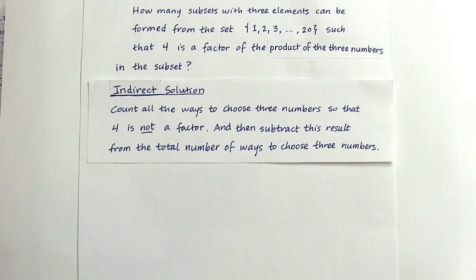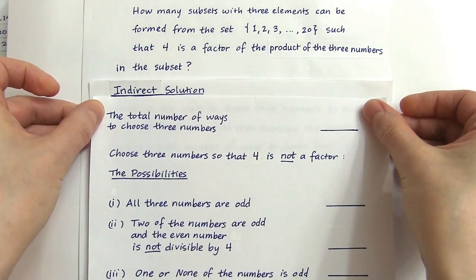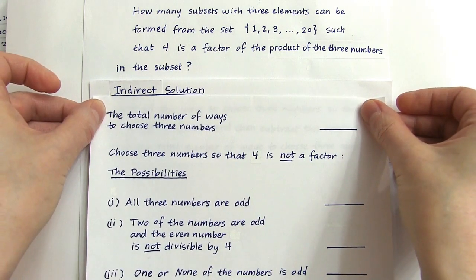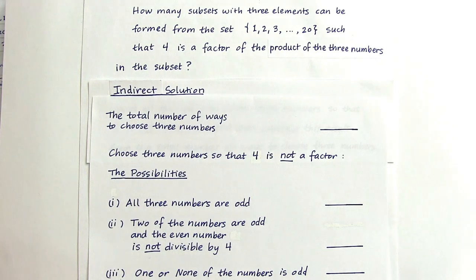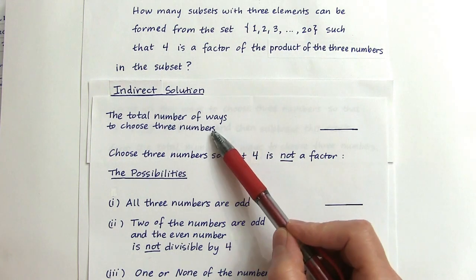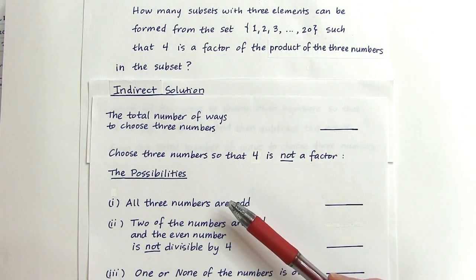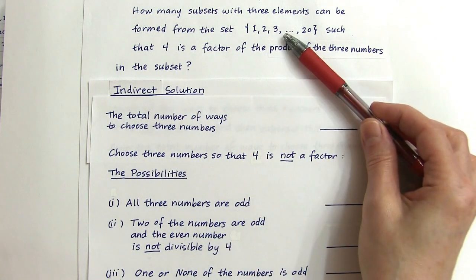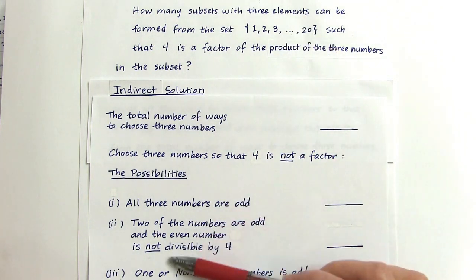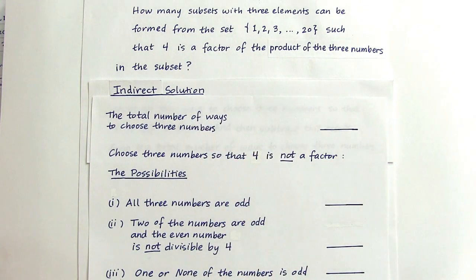And so here's my plan. I have to count the total number of ways that I can choose 3 numbers from this set, and then figure out how to choose 3 numbers so that 4 is not a factor of the product, and subtract those possibilities from this total number.